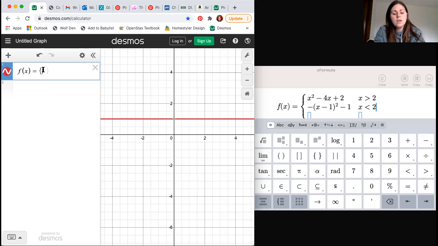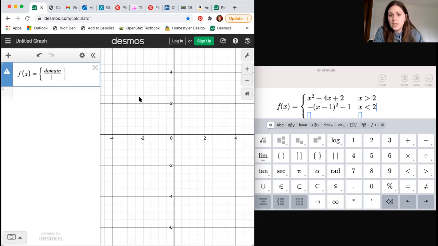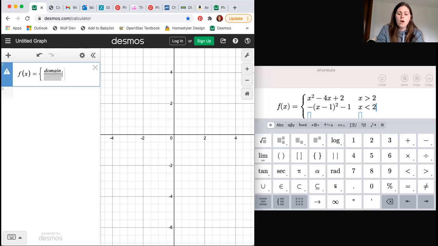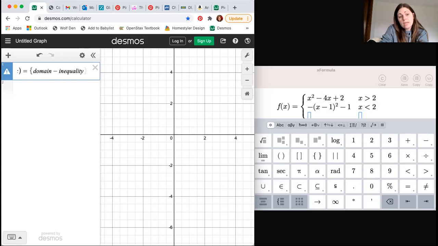So make sure you find that symbol to start out typing. Now, the next thing is that instead of just typing the function exactly how it is written in the problem, you actually have to put the domain piece first. By the domain piece, I mean the inequality part. So whatever the inequality is for the top piece, that's what you're going to want to type. Desmos is making this a fraction. So domain or the inequality piece first. Then you're going to have to use a colon.